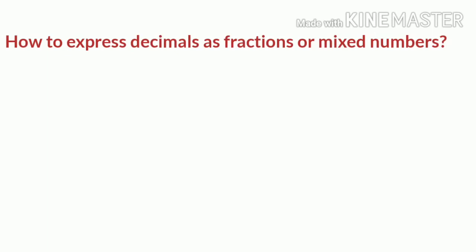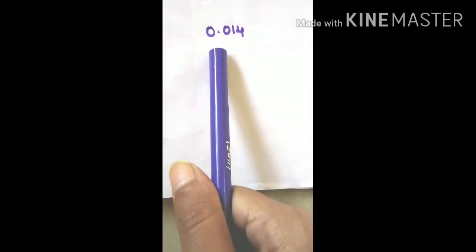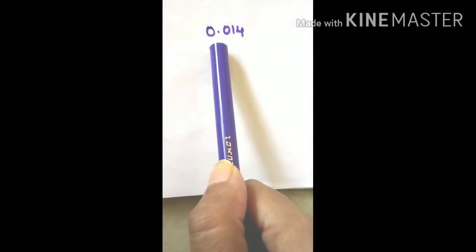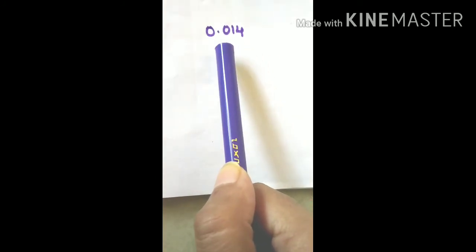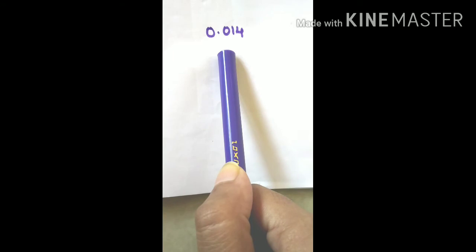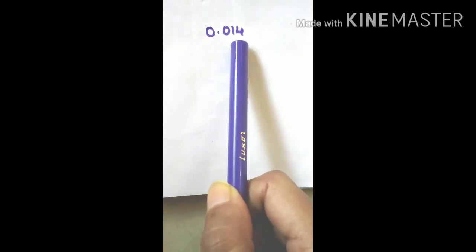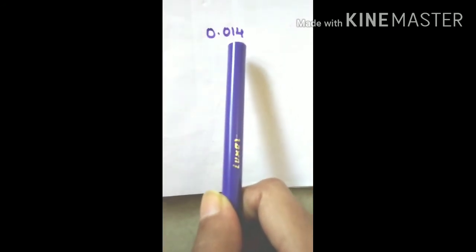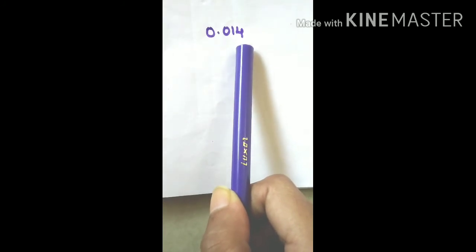Now we will learn how to express decimals as fractions or mixed numbers. Now students, look at this question, 0.014. Suppose we want to express this decimal as a fraction. Students, 0.014 has 14 thousandths.